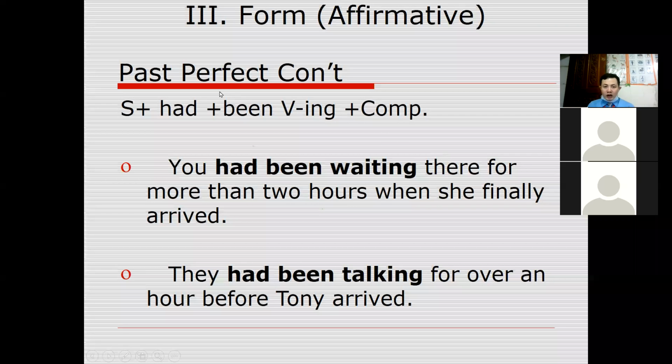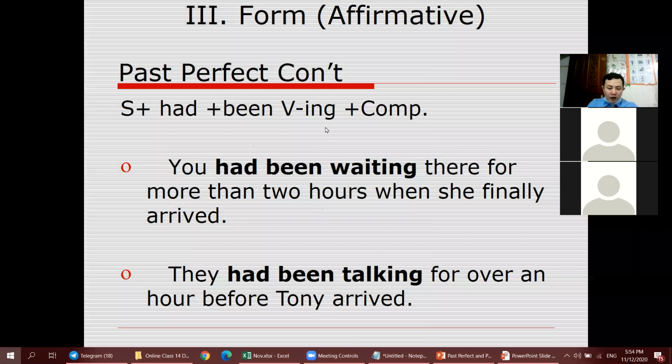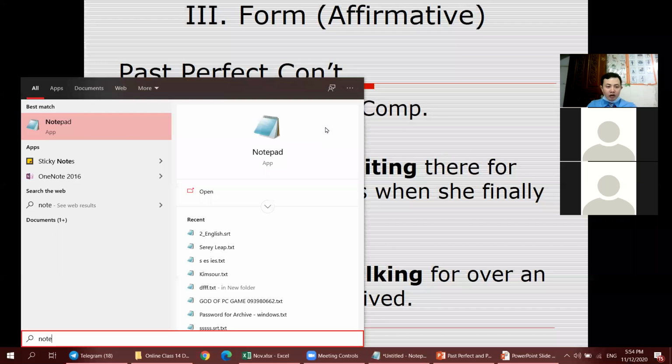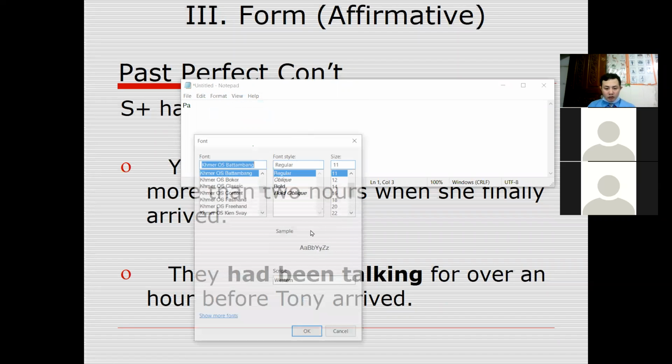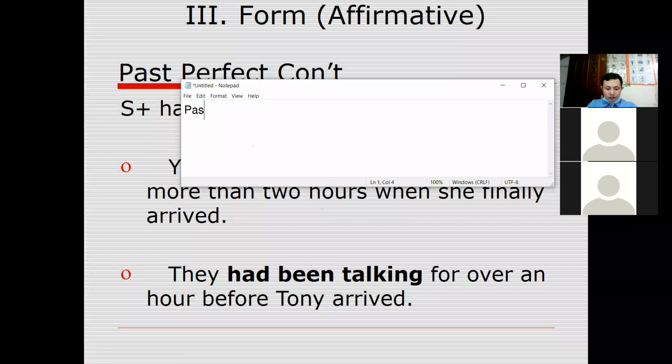Let's move to the next one, talking about past perfect continuous. Okay, so with the past perfect continuous here, actually we combine the forms together, right? I guess you know how to add the forms together, right? So we have past perfect simple: subject plus had plus verb 3 plus object, right?